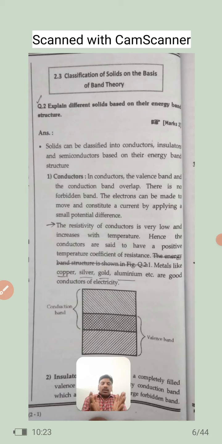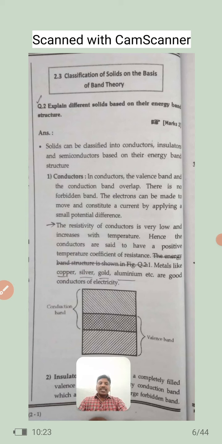If you understand the band gap structure of these conductors, insulators and semiconductors, you will definitely understand each and every point in semiconductor physics in the third and fourth chapters. Many students don't have knowledge of this energy band gap structure, so let us try to understand the energy band structures very clearly.